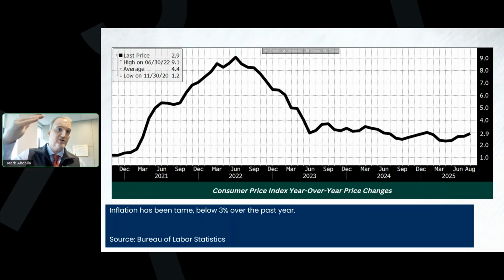And because the Federal Reserve increased interest rates and slowed down the economy, we've seen inflation come down since then. And there's a lot of discussion on whether that high inflation was transitory due to COVID, or if it's a new permanent cycle that we're in in terms of the long-term inflation rate. Right now, it's at 2.9%, which is an acceptable rate for both the stock market and the bond market.